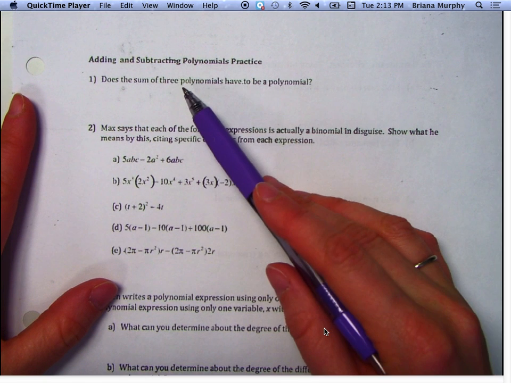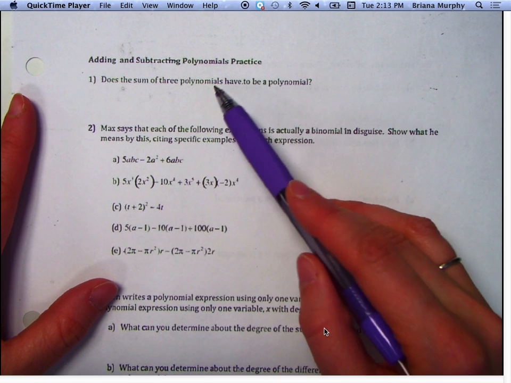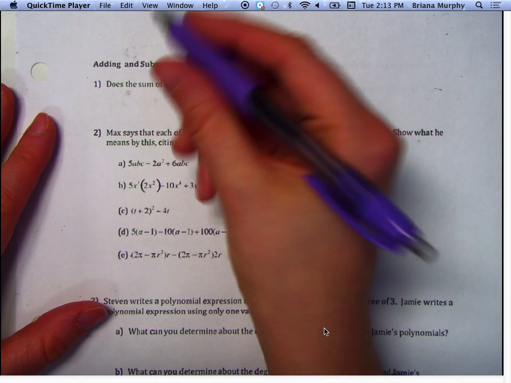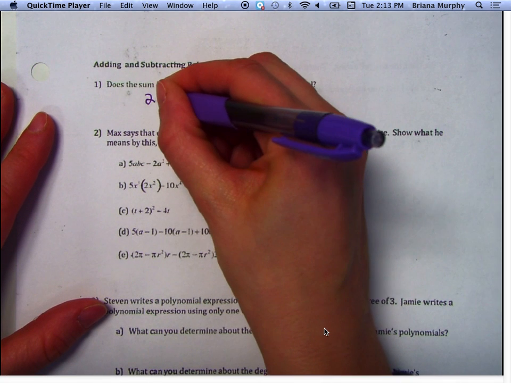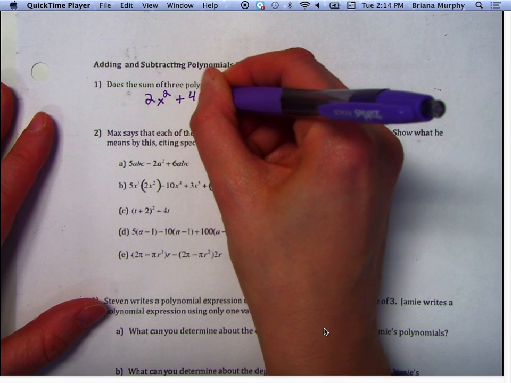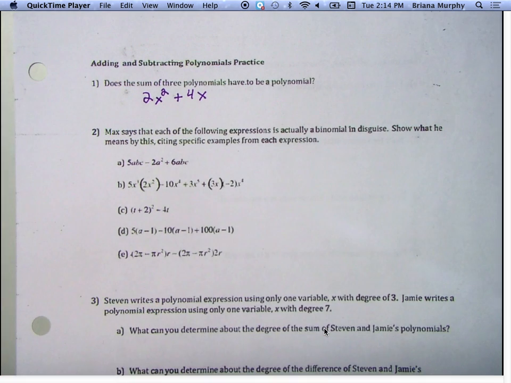Does the sum of 3 polynomials have to be a polynomial? Yes. Let's talk about what a polynomial is. For example, 2x squared plus 4x would be a polynomial. Why? I can't combine them at all, and there's 2 terms.